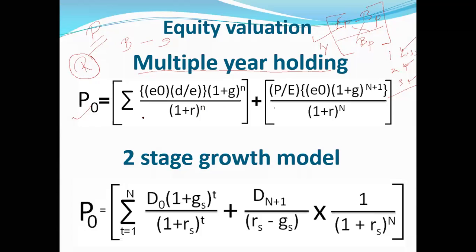Is that clear? As of now, you just take down the multiple year holding period formula. Don't take the two-stage one, just take down this formula, that's more than sufficient. I'll explain the remaining part in the next class. Please take down the formula very cautiously.